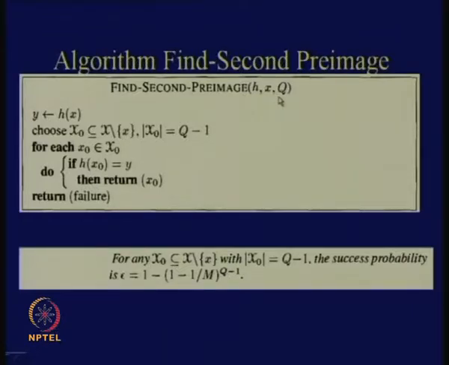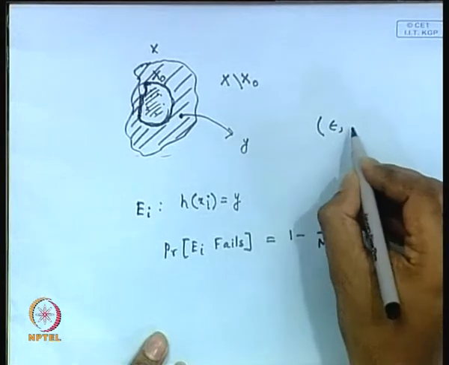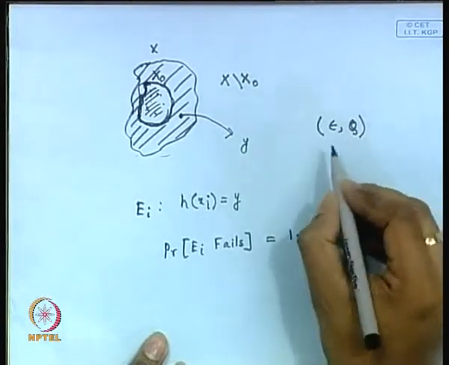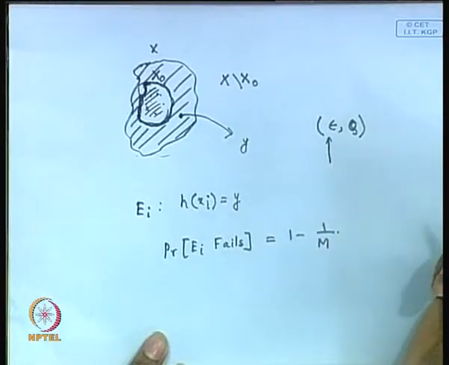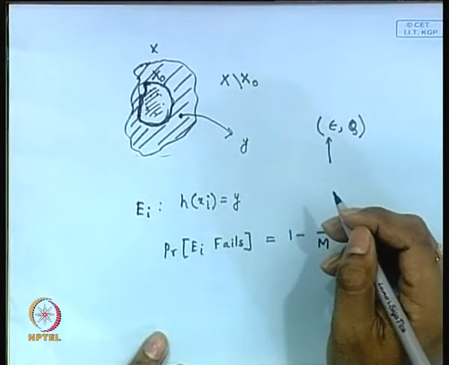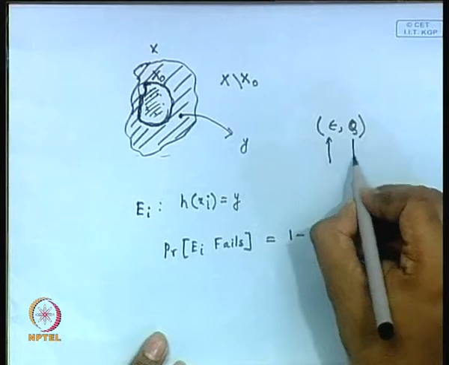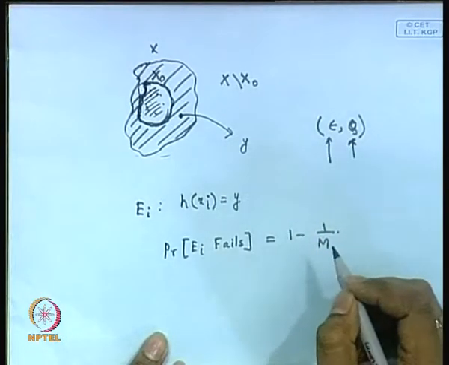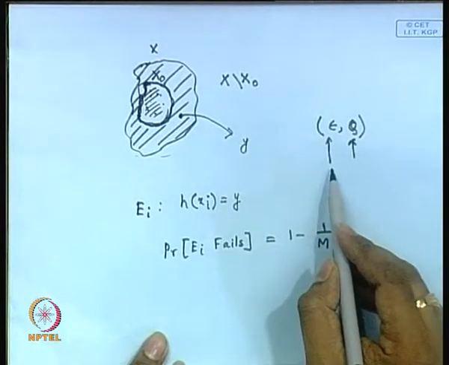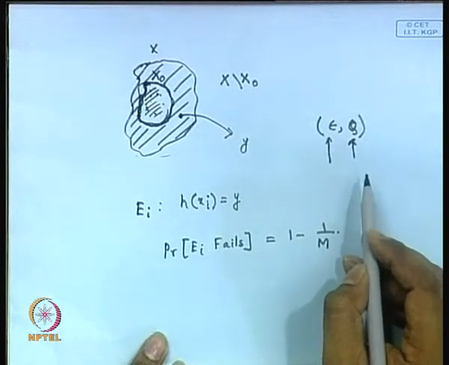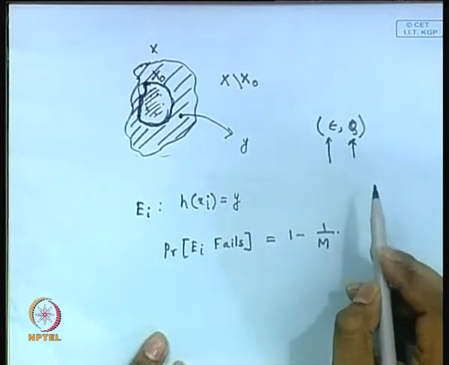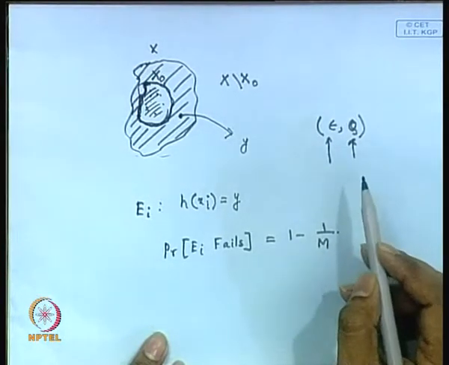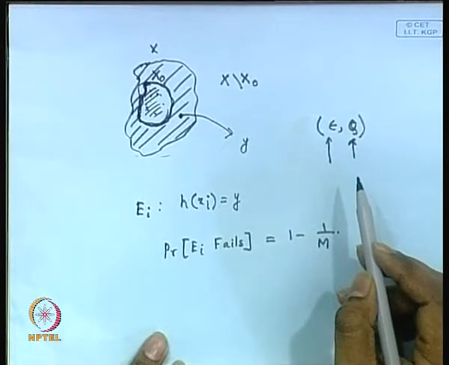So, often this class of algorithms is represented like this, that is epsilon comma q. Epsilon stands for the lower bound of the probability, and q stands for the number of queries that you make. So, in this case, epsilon will be equal to 1 minus (1 by m) to the power of q minus 1, and the number of queries that you make will be q.